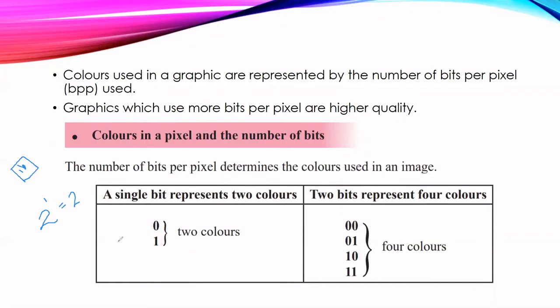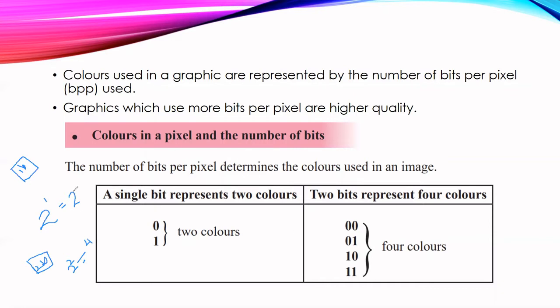If there are two bits in the pixel, what happens? If there are two bits in the pixel, then you can see 2 to the power 2, that is 4, right? Okay. So this is very important.